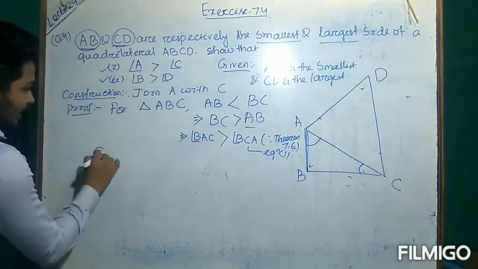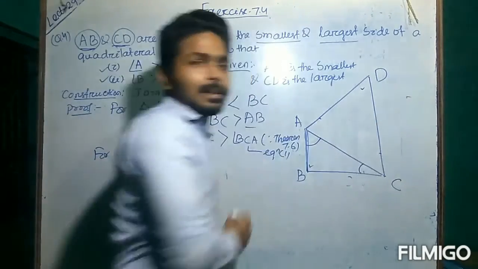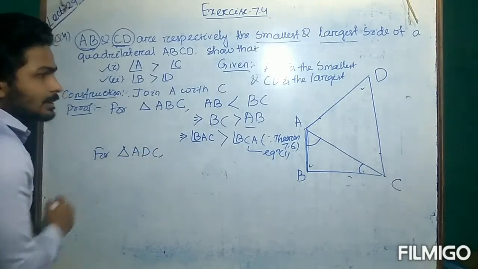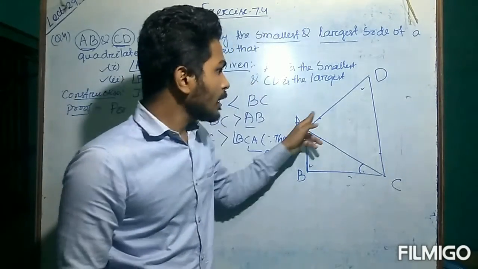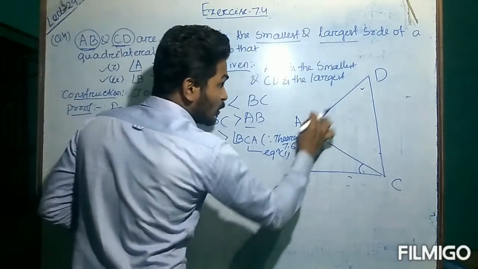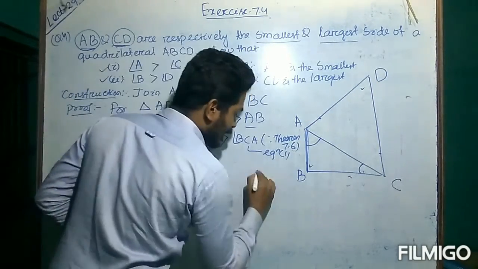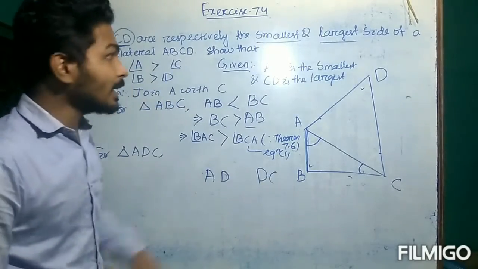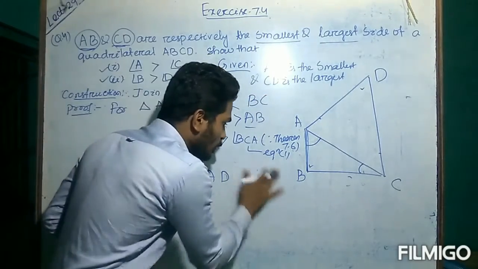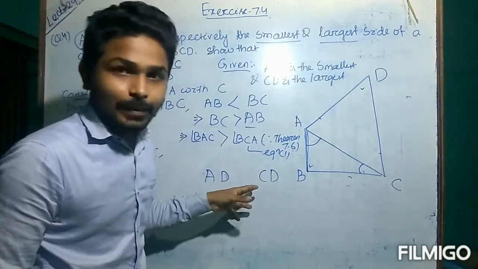Next, we'll consider another triangle, triangle ADC. It has 3 sides. Just talk about 2 sides, AD and DC, or CD, whatever you can write. If you are confused between DC and CD, no problem.